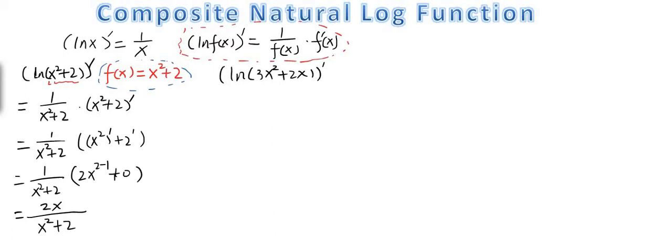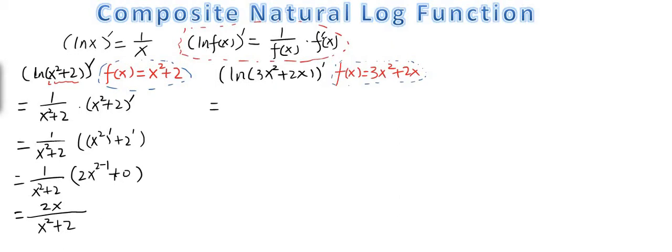The first step, we need to identify f(x). f(x) equals 3x squared plus 2x. And we already found f(x) equals 3x squared plus 2x.